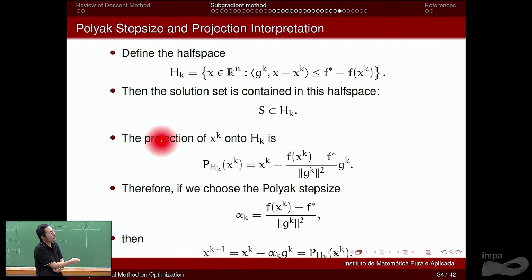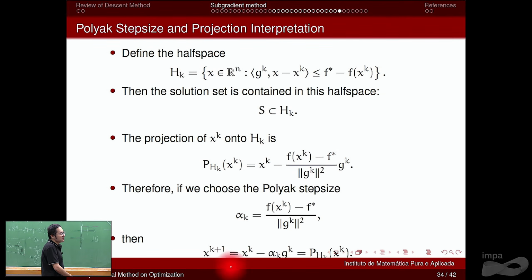And then we can compute the projection of xk onto these half spaces, because we know the projection onto a half space has a closed formula, okay, and we can get the projection is exactly this one. So actually this is exactly the subgradient method with Polyak step size, okay.